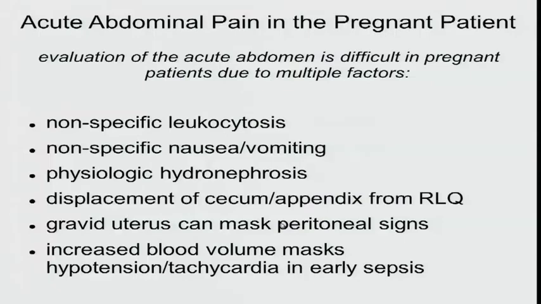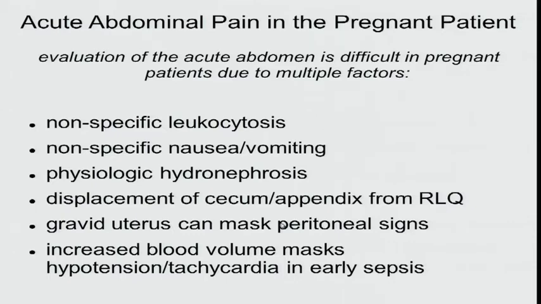The things that confound the diagnosis: most pregnant women have a mildly elevated white count, so that's not going to help you. A lot of them have nausea and vomiting. Most of them have at least mild hydronephrosis. The cecum in the second and third trimesters is not in its normal location. As the uterus grows from being a pelvic organ to becoming an abdominal organ, it's displacing all that bowel, so things are in different places.